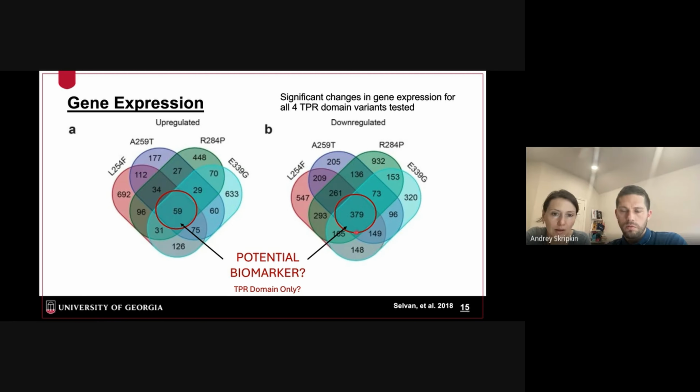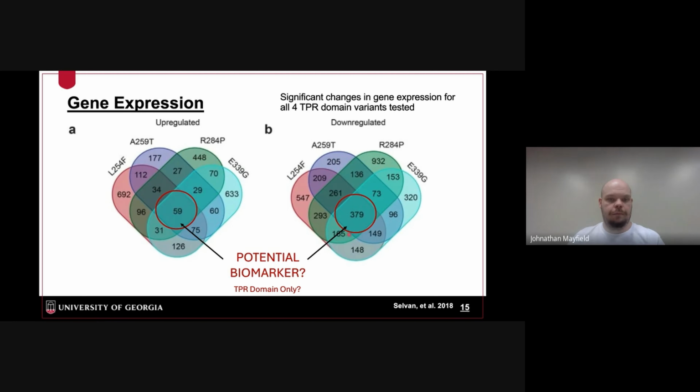For instance, the 692 for L254F in the upregulated, those 692 genes are upregulated in L254F, but not in any of the other 3 variants. But the 27 genes here are upregulated in both A259T and R284P.